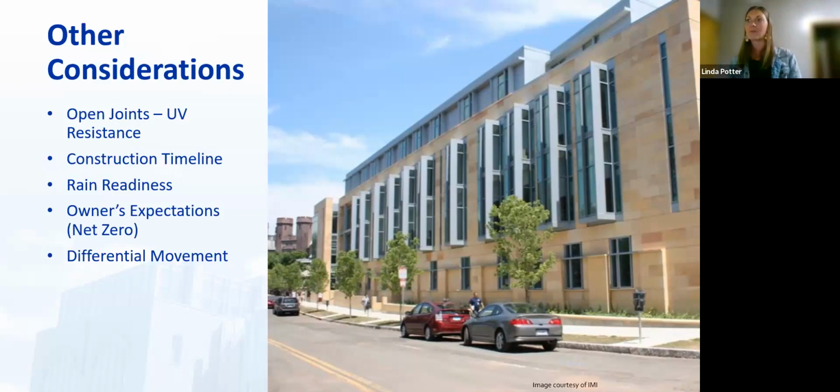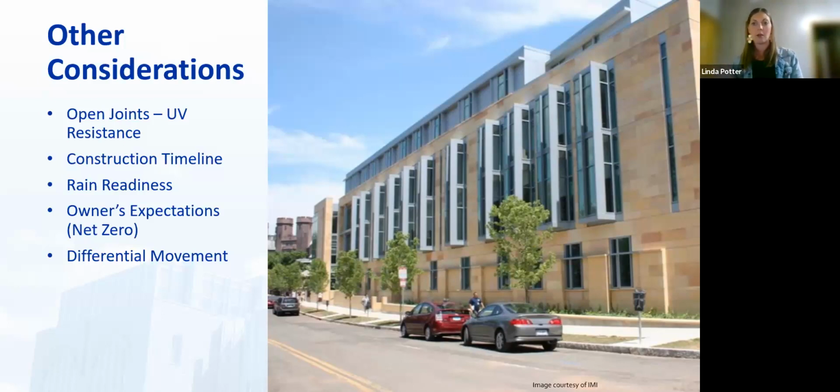In the type of barrier that we're specifying, we're looking at construction timeline more than we ever have. Is there a barrier that goes on faster, one time, not multiple coats, that is easier to detail, that can get my project enclosed sooner rather than later? What about rain readiness?